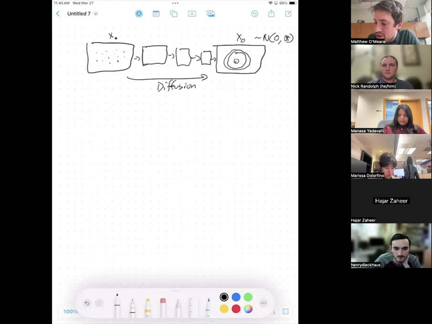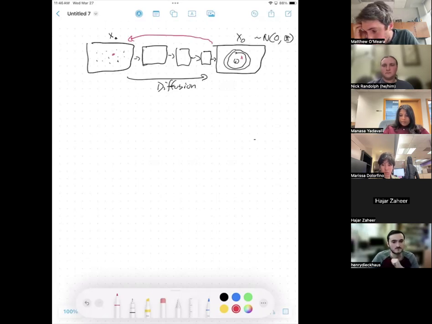And then the idea is that if you can totally destroy all of the structure and get back to a Gaussian, then to sample, you pick a point here in the Gaussian, which you can do easily from sampling from a multivariate Gaussian, and then go backwards through this process. This is running in reverse, and it will generate a sample in the data.